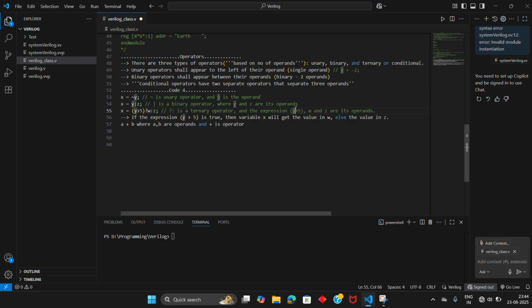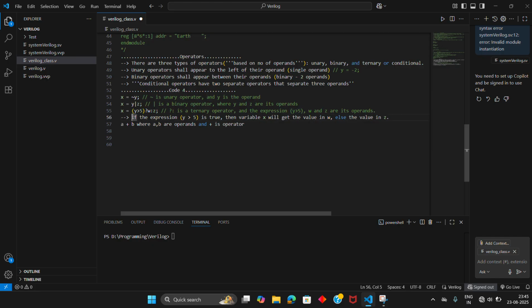Those operands, y, w, and z, are separated by two operators, the question mark and colon. If the expression evaluates to true, then w will be assigned to x. If the expression evaluates to false, then z will be assigned to x.